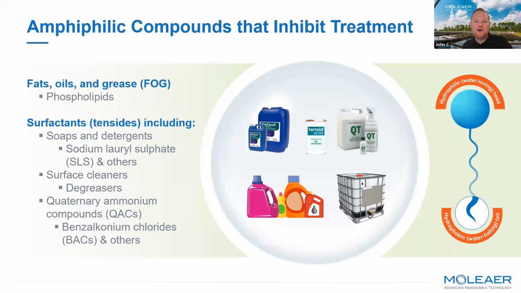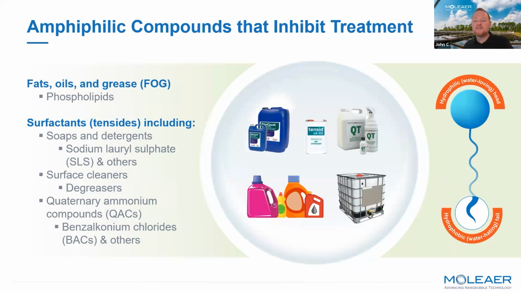Well, some of them are natural and are part of our wastewater, such as fats, oils, and grease. But some of them, and most of them, are man-made chemicals that help enable our lives, making our lives more productive, such as soaps and surfactants.